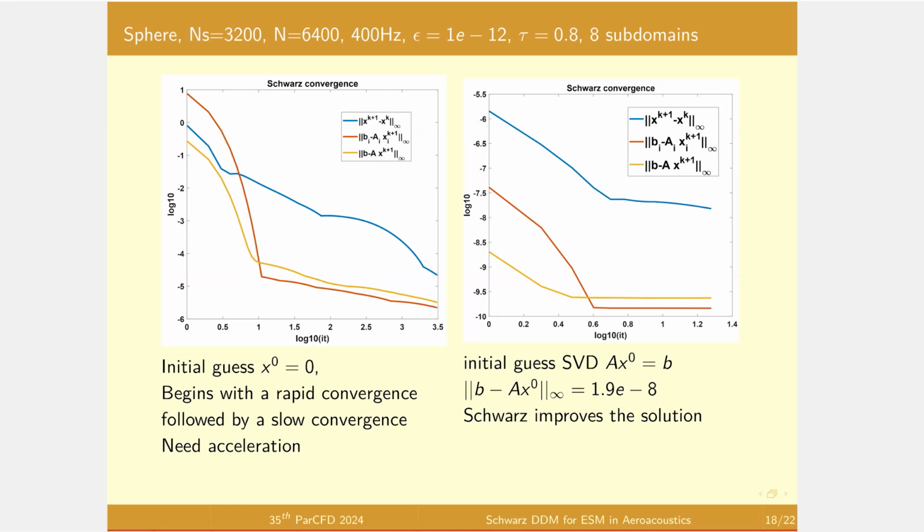Even starting with the initial guess computed with the SVD of A, and then we start the Schwarz, we still improve the solutions with the Schwarz methodology compared to what we did before with the SVD decomposition of the full matrix A.